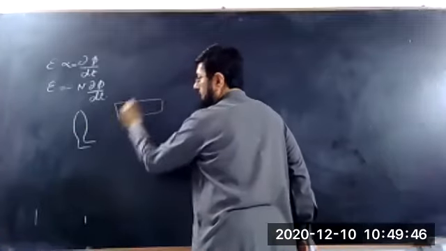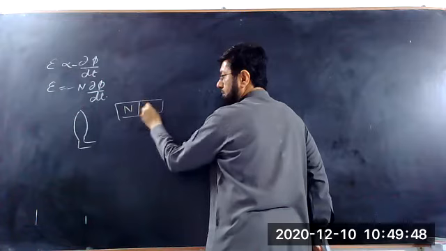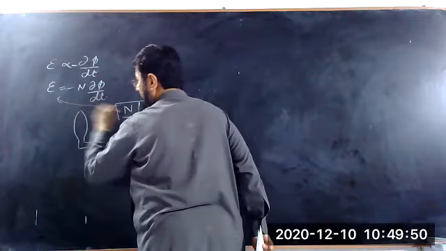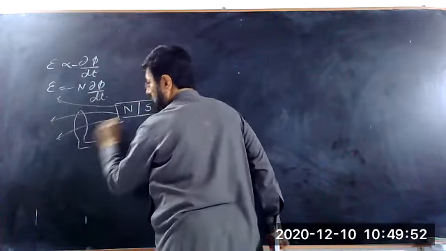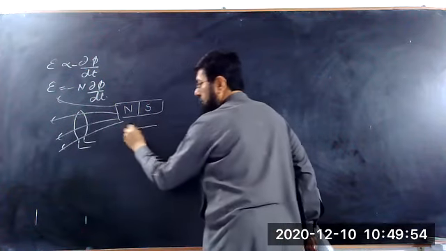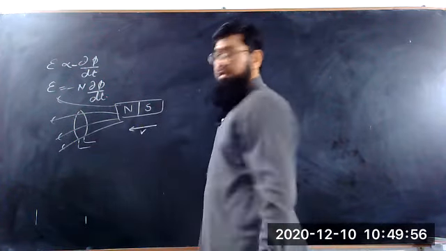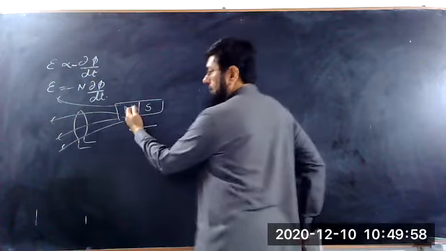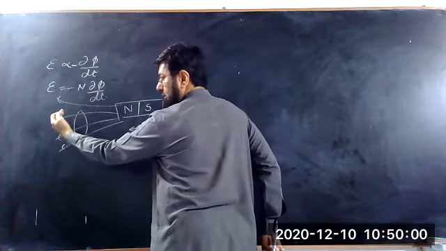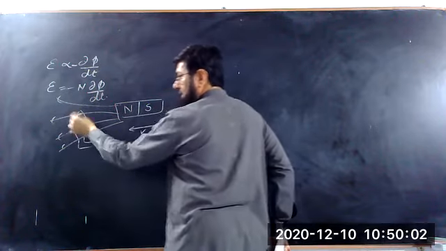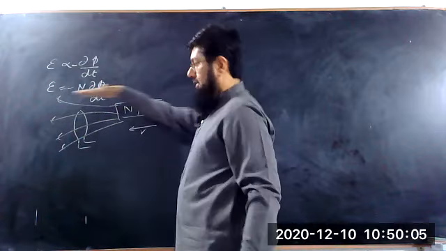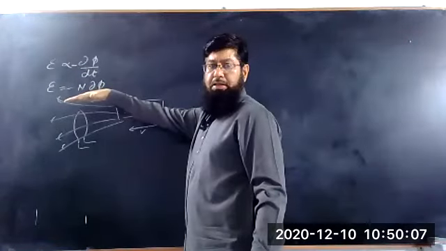If we move the magnet, this is the north pole, this is the south pole, and these are the magnetic lines of force passing through the coil. If we move the magnet in this direction, the flux will increase in this direction. So this increased flux induces an EMF in the coil.